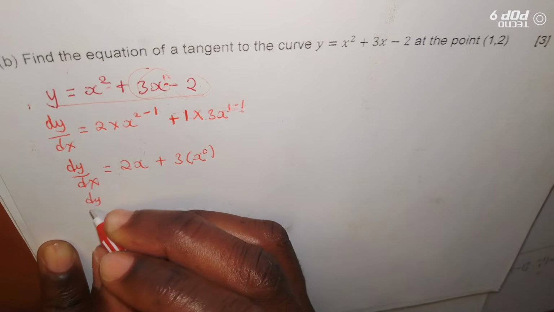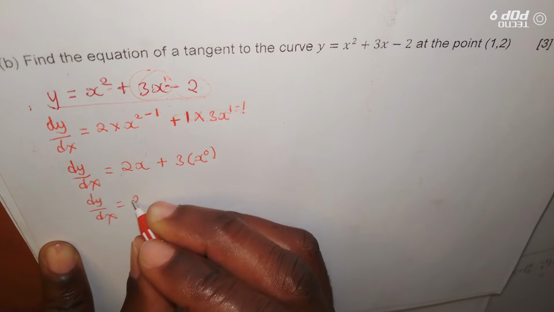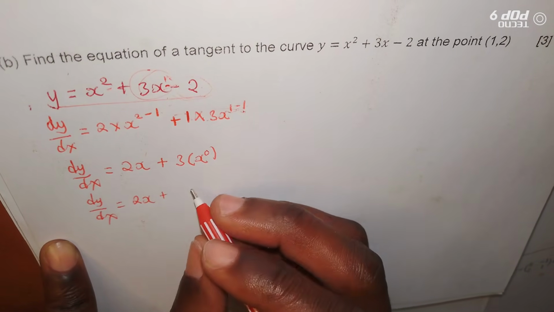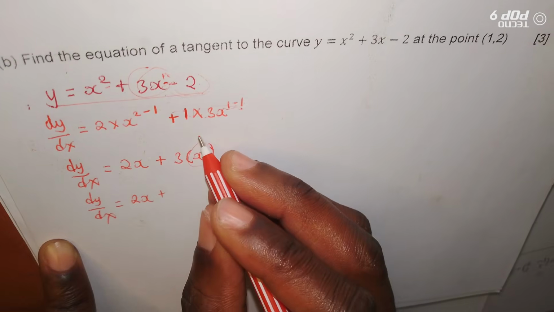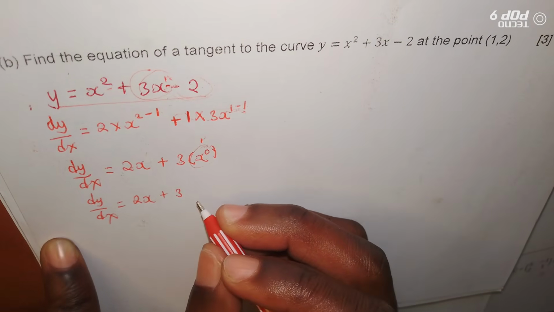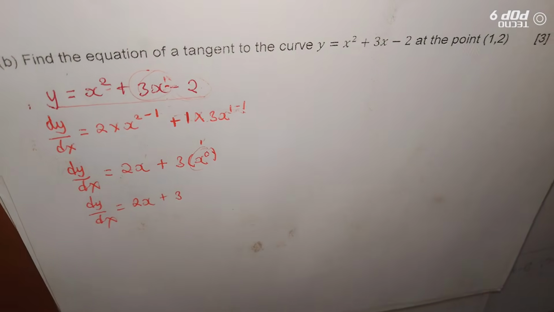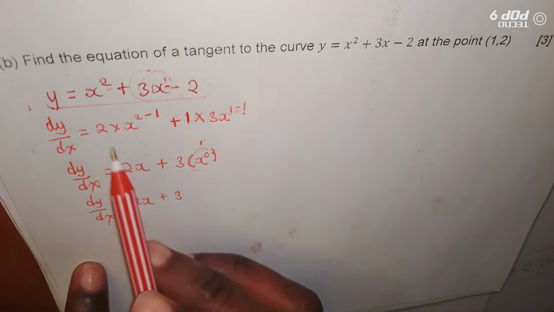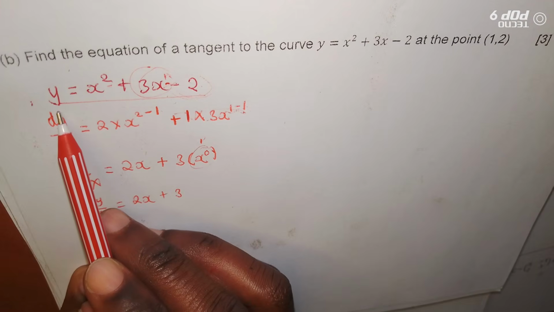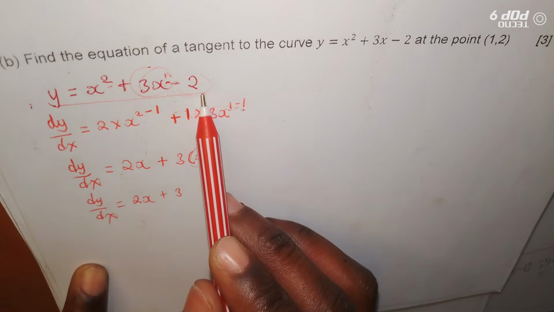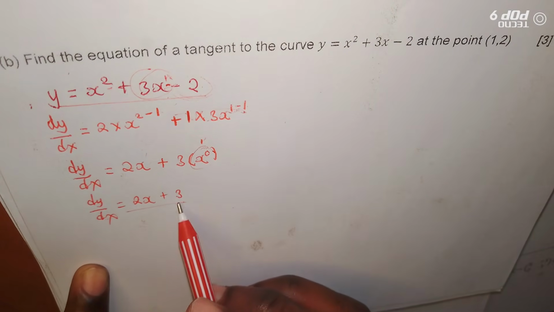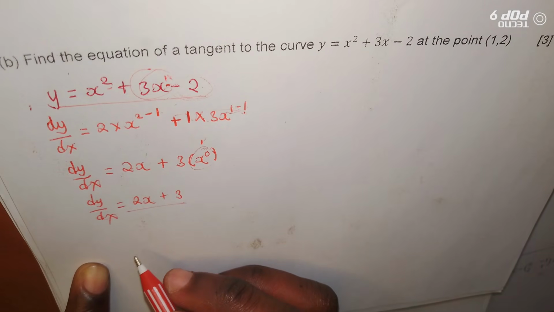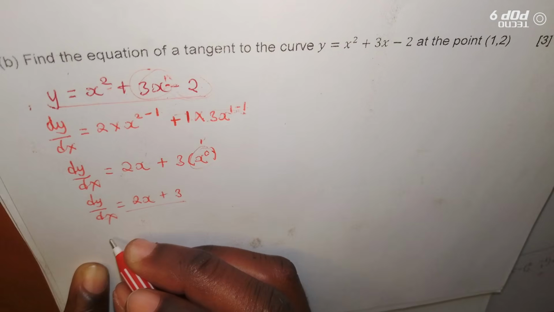We should know that any number or letter raised to the power of 0 gives 1, so 1 times 3 is 3. So we are done differentiating the curve. The answer we have obtained, 2x plus 3, is called the gradient function.